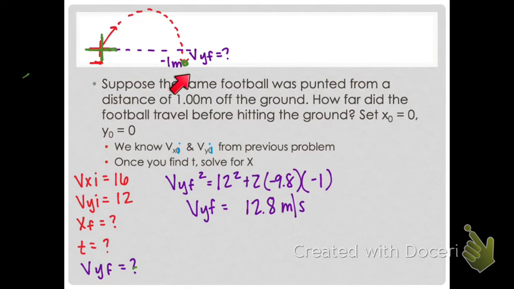But I'm missing one thing on my final velocity here. It has to be negative, right? I've got to add that negative there because I know it's going downward.